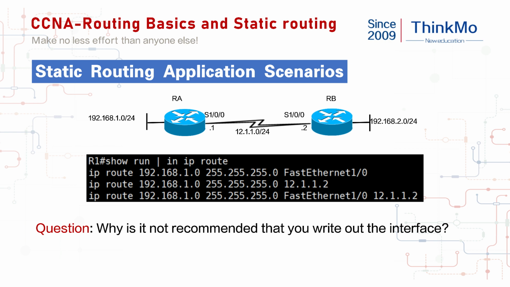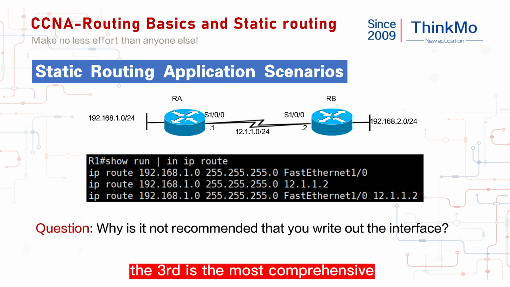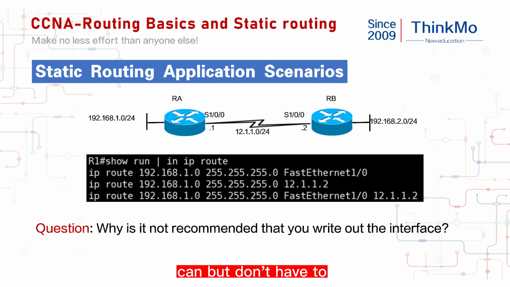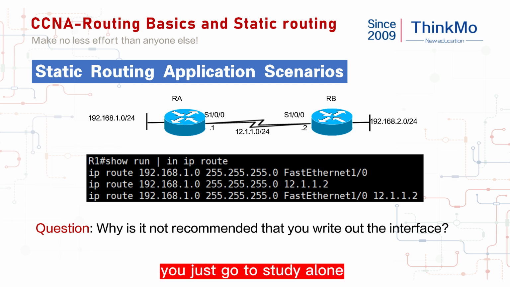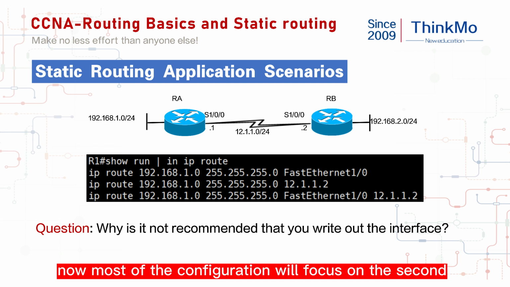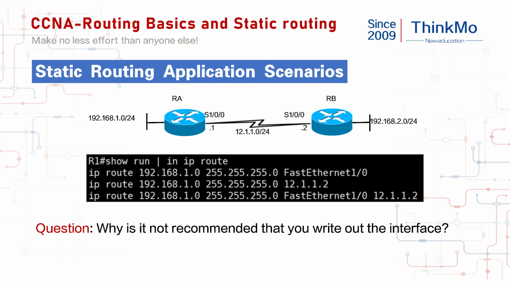The third is the most comprehensive. You can use it but don't have to. It's not necessary for most cases. If in the future you encounter scenarios that must be specified as such, you can study them alone. It has very few application scenarios. Now most of the configuration will focus on the second. This is the most common way now.